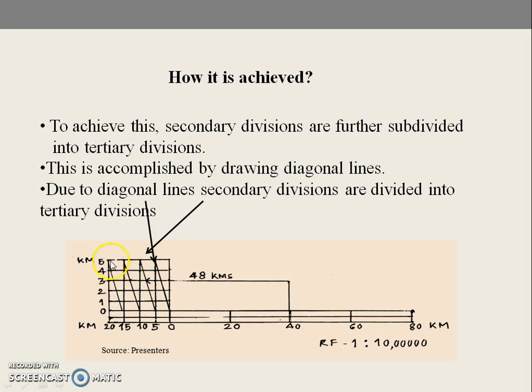In this, you can see that secondary divisions are further subdivided into tertiary divisions with the help of diagonal lines. By doing this, one can mark even 1 kilometer distance, which was otherwise impossible in the shown example of a diagonal scale.